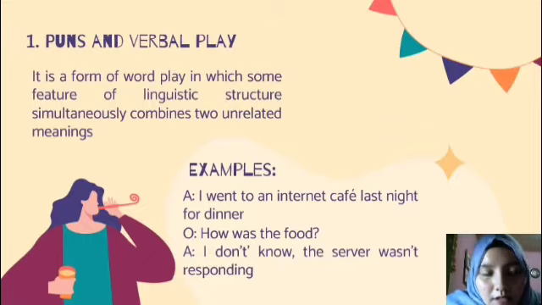It is not a real cafe which serves food and beverages. But here the responder replied by asking how the food was. So that is the reason why the first speaker replied the server is not responding, because he actually didn't go there for a real dinner with food, but he just spent the night there surfing the internet.